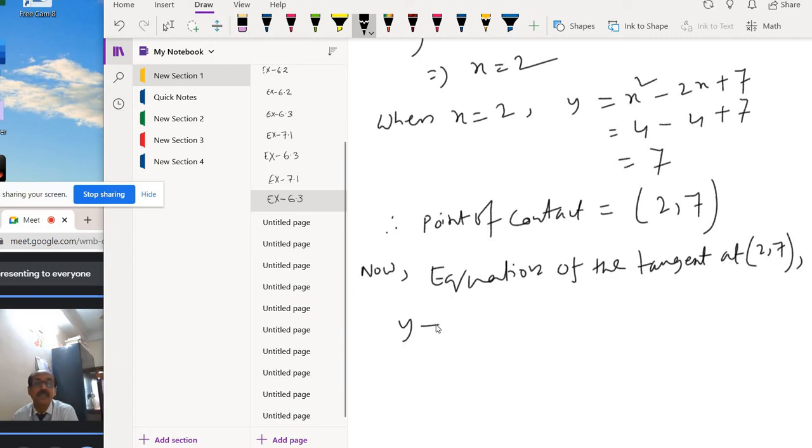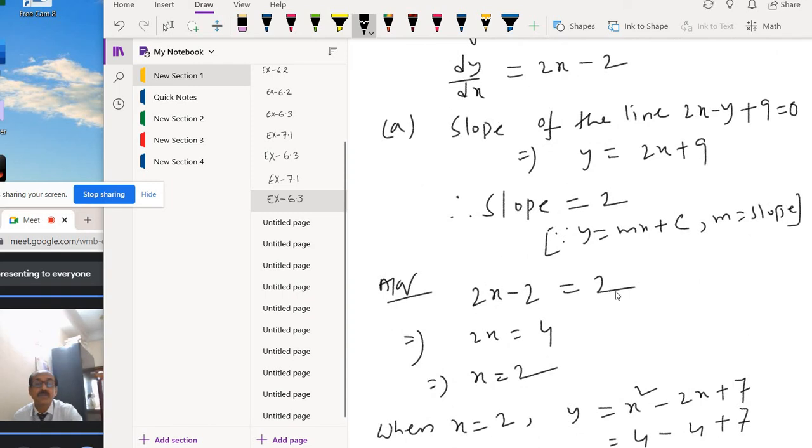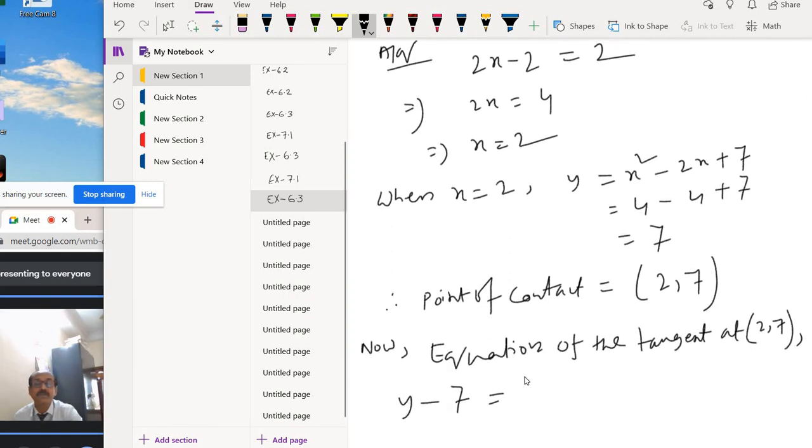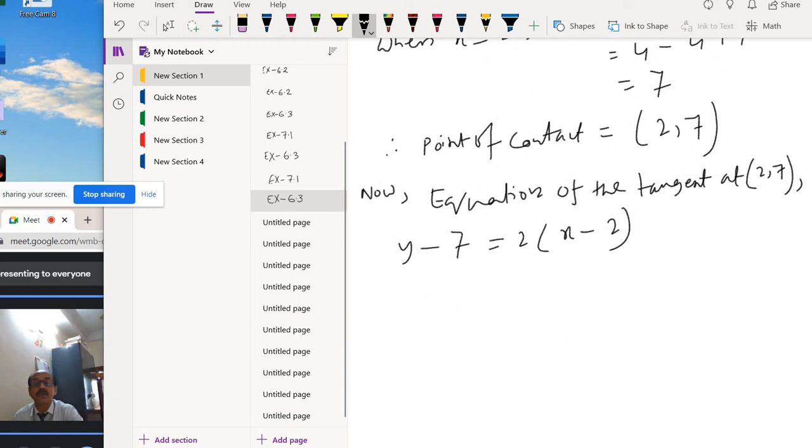So y minus 7 equal to slope 2 into x minus 2. Now y minus 7 equal to 2x minus 4.